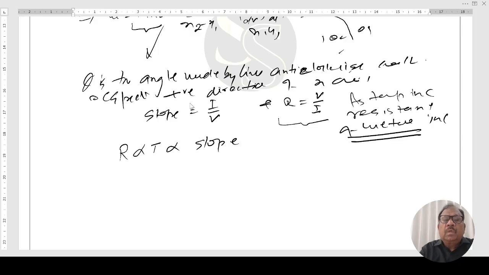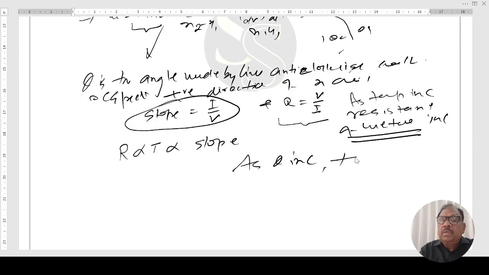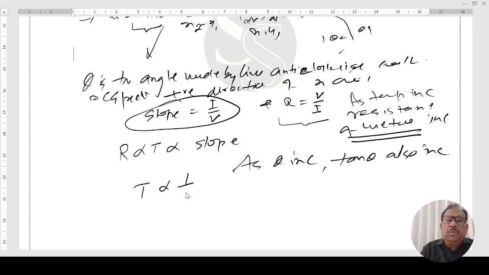Now as theta increases, tan theta also increases. Therefore, T is inversely proportional to slope.